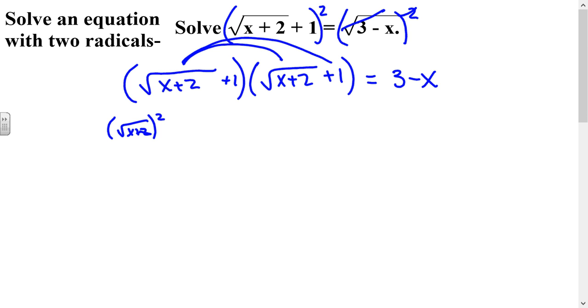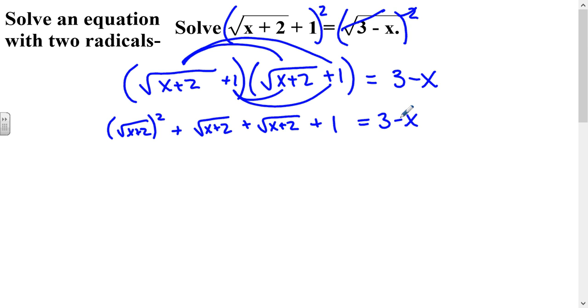And then we have the square root of x plus 2 times 1. So that would just be the square root of x plus 2. And then we're going to distribute the 1. So then we would have 1 times the square root of x plus 2, which would just be that again. And then 1 times 1, which is 1. And then we still have 3 minus x over here.